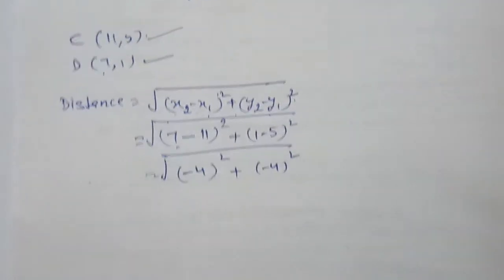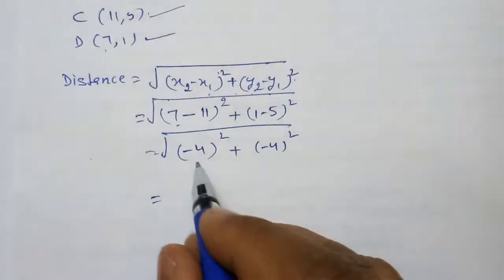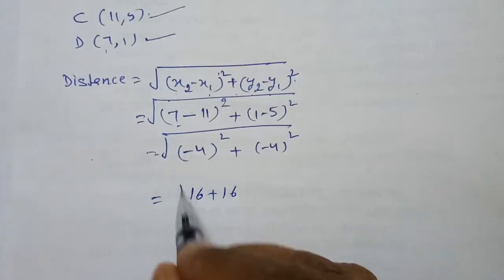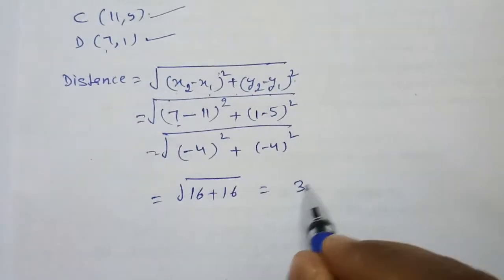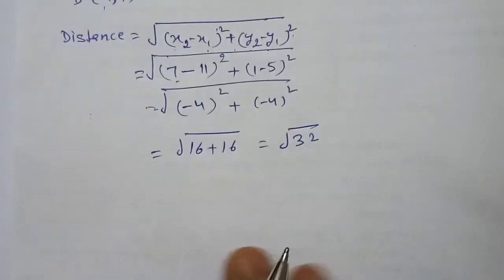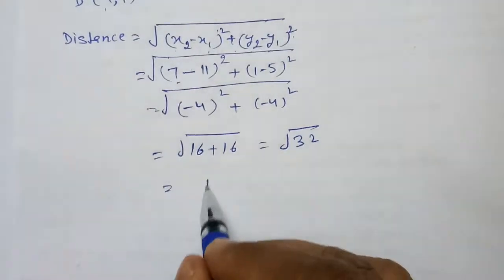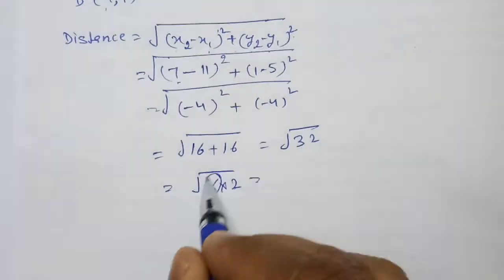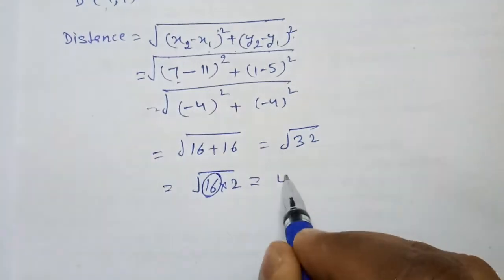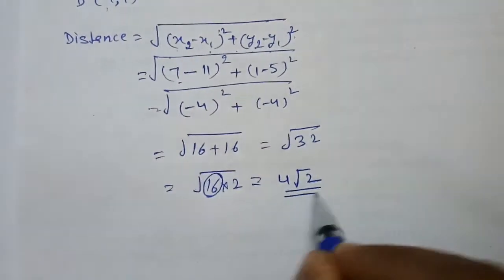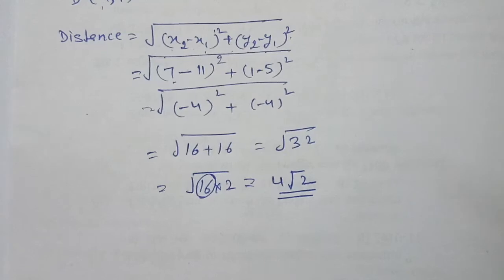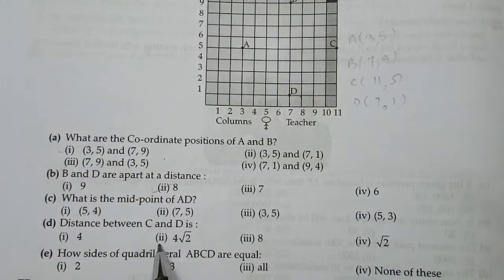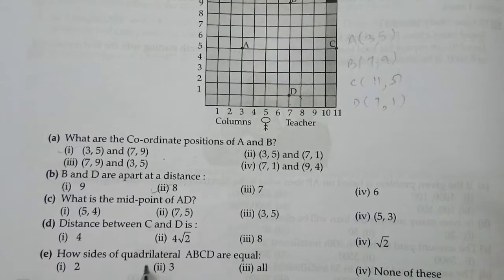Because the square of a negative is positive, we get 16 plus 16, which equals root 32. Root 32 breaks into root of 16 into 2, and 16 is a perfect square of 4, so we can write 4 root 2. This is the distance between C and D. Let us check the answer: the second option is the answer.